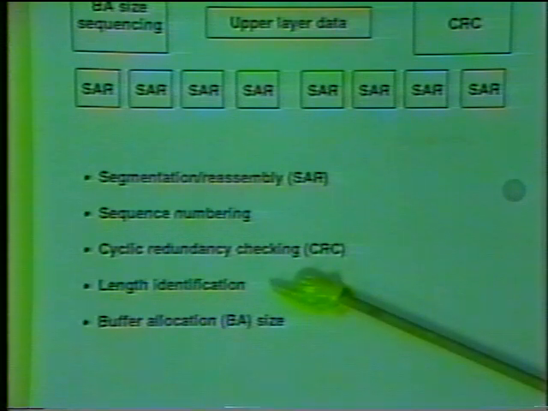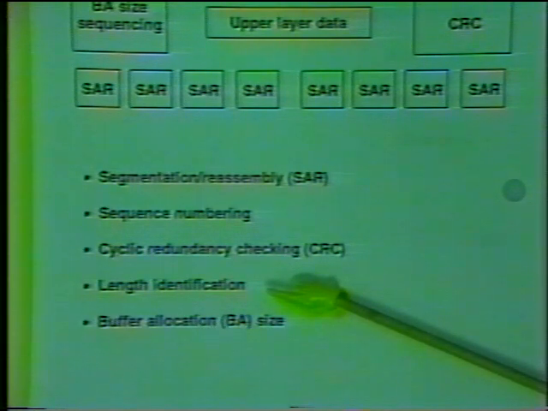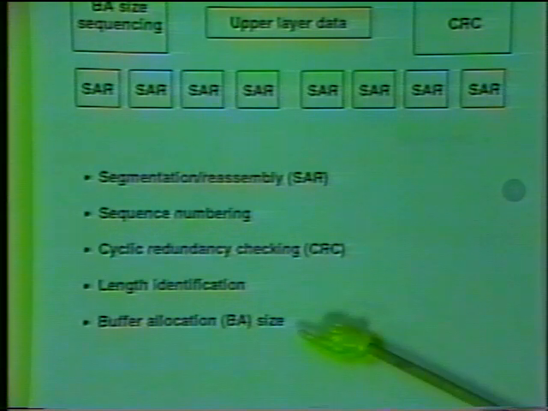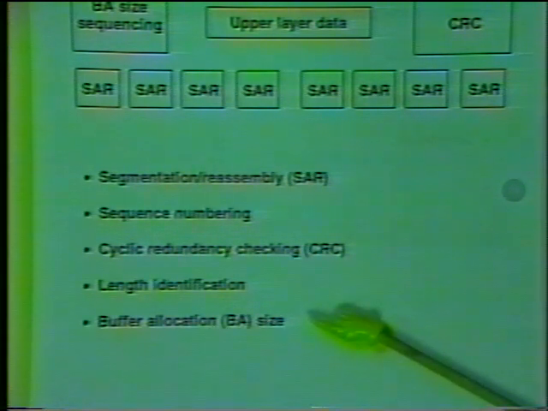Depending upon our service, it's going to give us an indication of length, and I'll talk about this more in depth with each of the different AAL implementations. And lastly, it's going to allocate a buffer size.